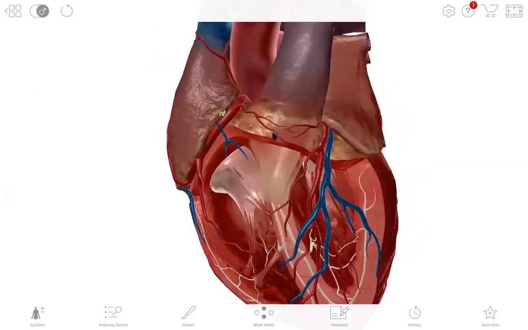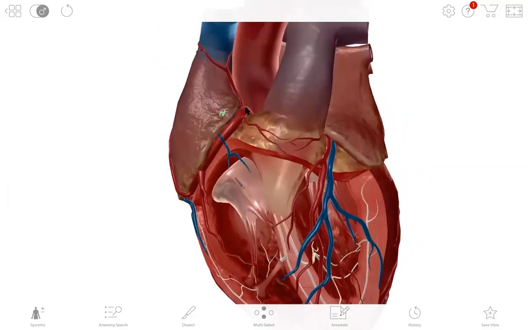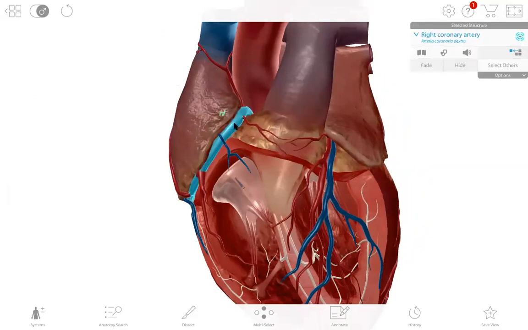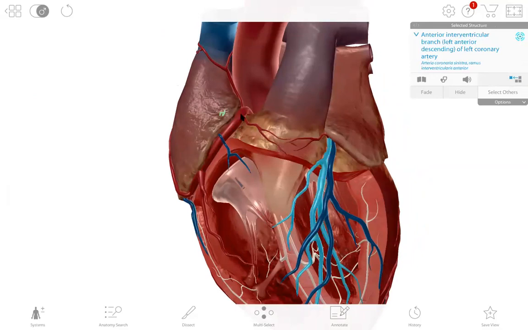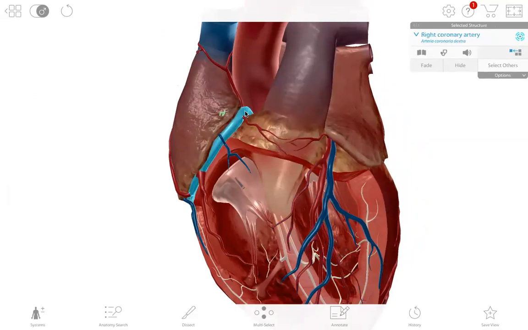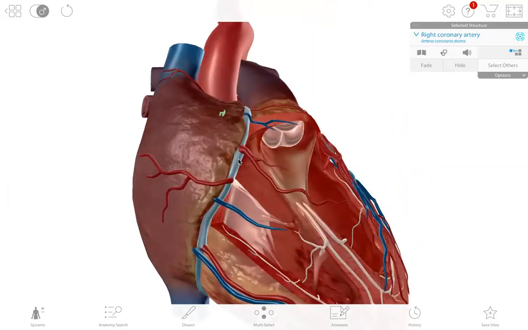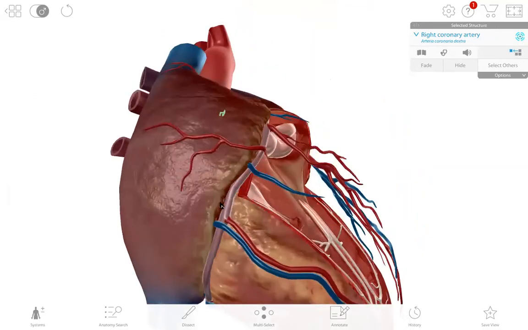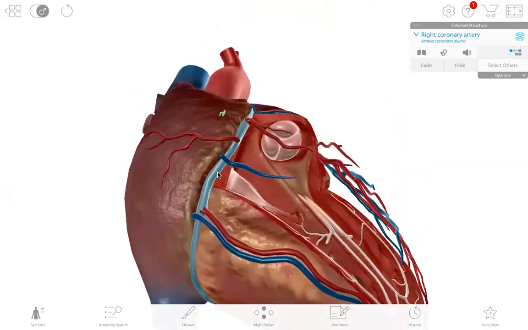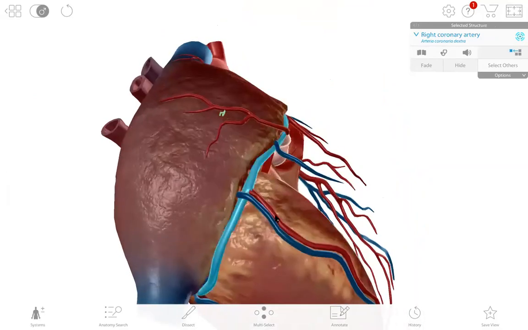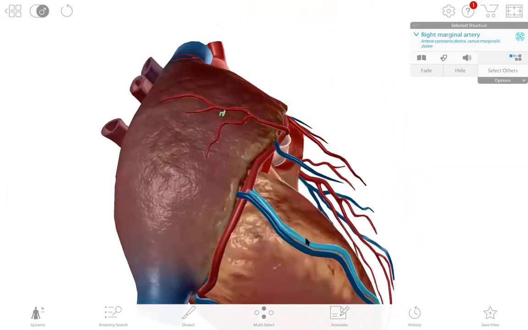Here it is. This is the right coronary artery and this is the left coronary artery. The right coronary artery will run in the atrioventricular groove, and it gives the right marginal artery, which will be on the right border of the heart.